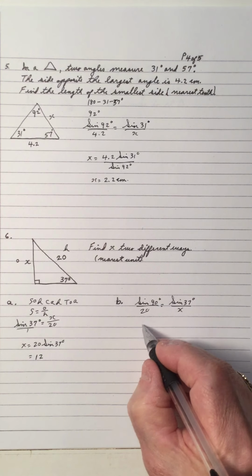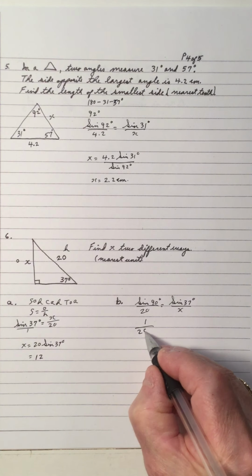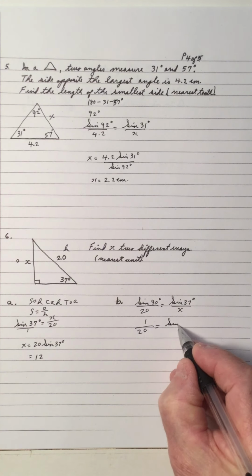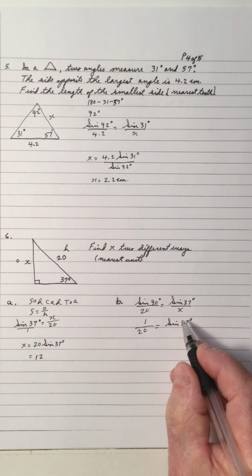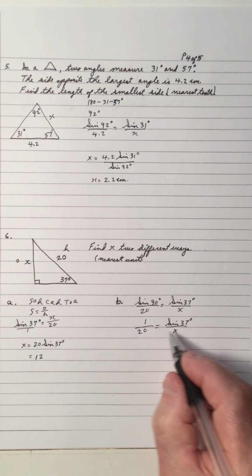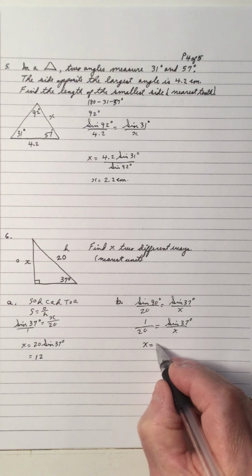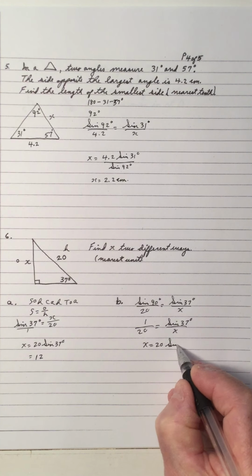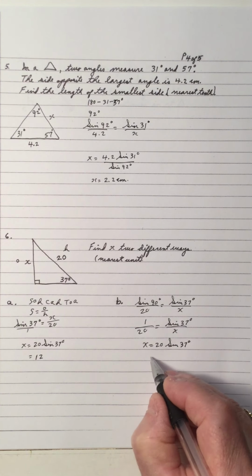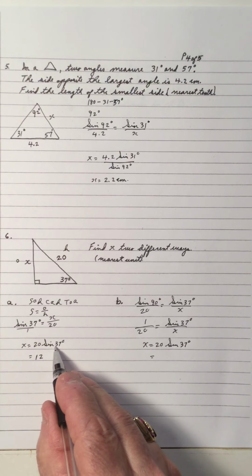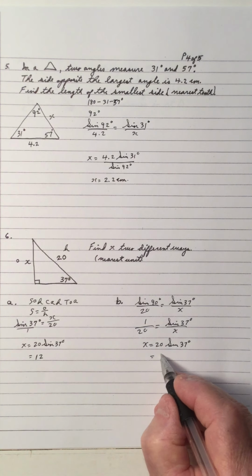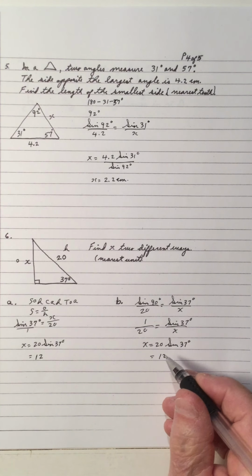And the sine of 90 is a 1. Cross multiply, 1 times x is x, and we get 20 sine 37. And 20 sine 37 is the same here and here, so that has to be the same answer, 12.